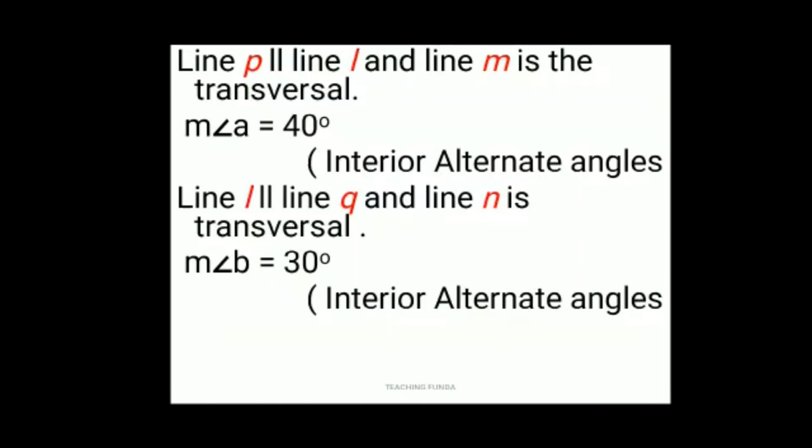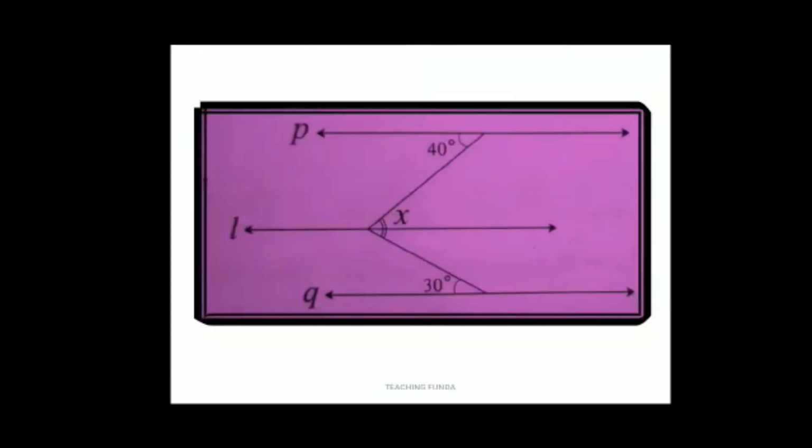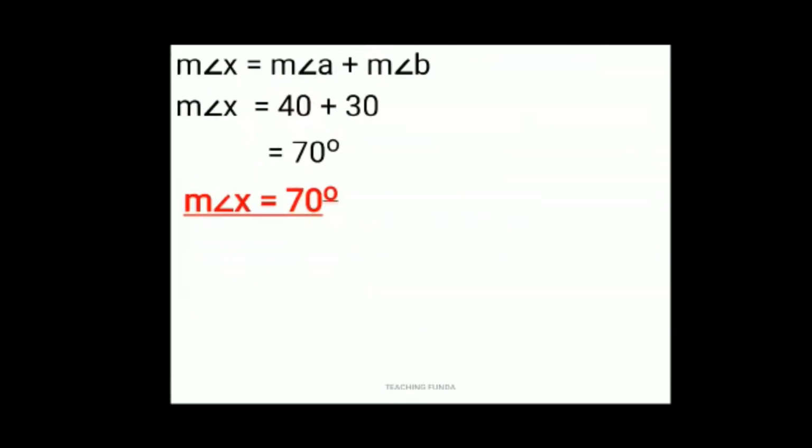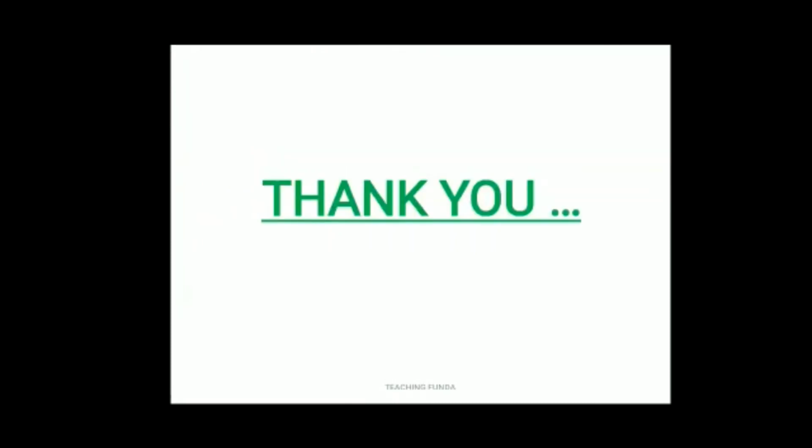Angle B is also 30 degree, interior alternate angles. I already explained this. If this is 40, this is also 40 because they are alternate angles. This is 30, this is 30, also alternate angles. Now angle A plus angle B, 40 degree plus 30 degree, is 70 degree. It's easy students, by observing the figure you can write the answers.